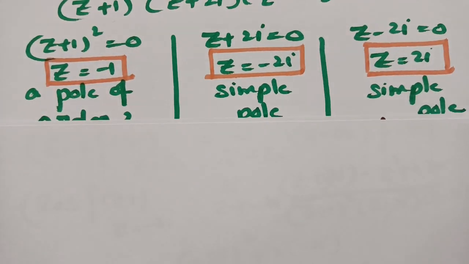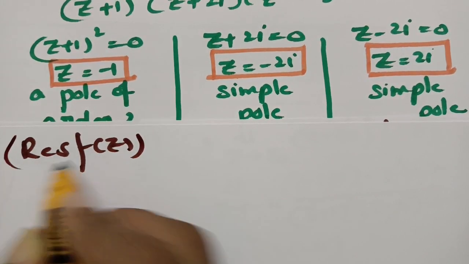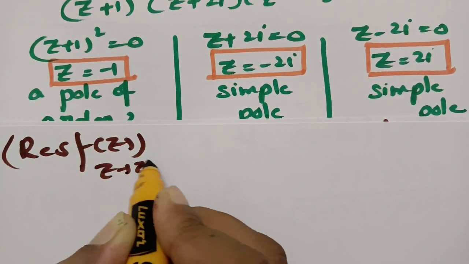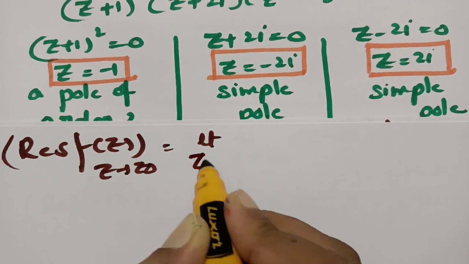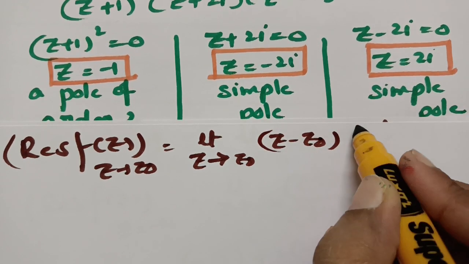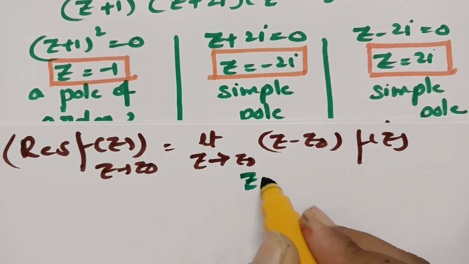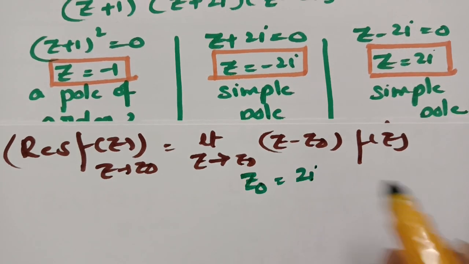For that, see, residue of the function f of z at point z is equal to z naught is equal to limit z tends to z naught, z minus z naught into f of z. Here our z naught value is nothing but 2i.